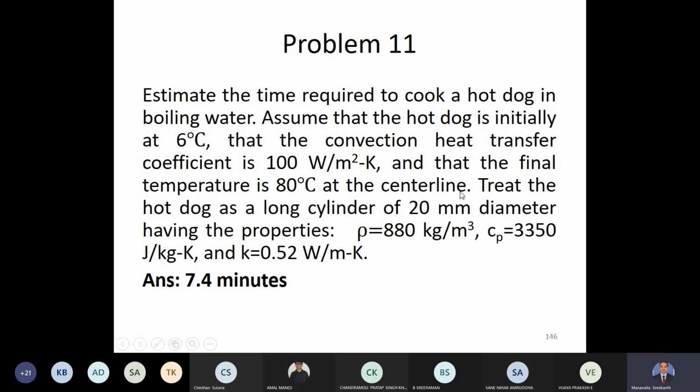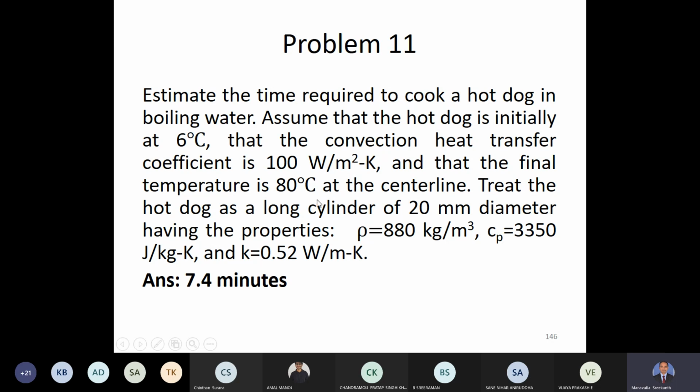Now the key thing is that the hot dog is initially at 6 degrees Celsius. That means the hot dog was removed from the freezer and then dropped in boiling water. Inside the boiling water, the convection coefficient is 100 watts per square meter Kelvin. And the final temperature at the center is 80 degrees Celsius. That means the center should reach 80 degrees Celsius.